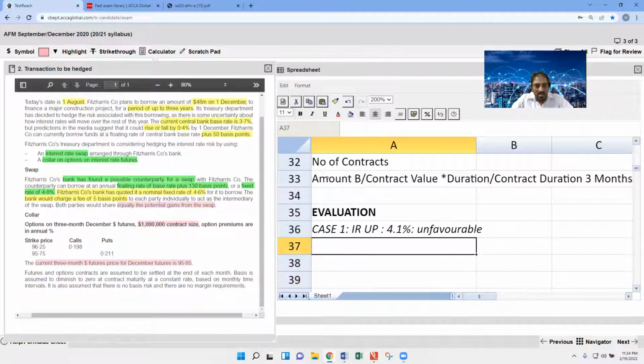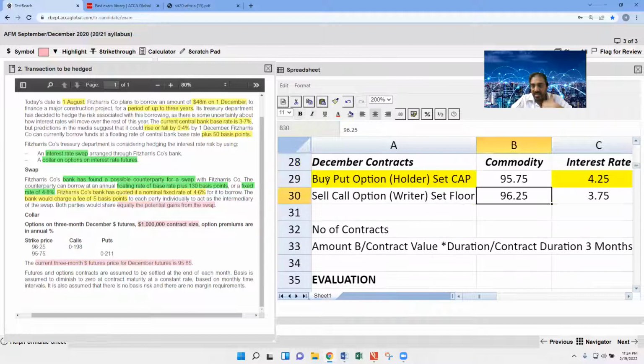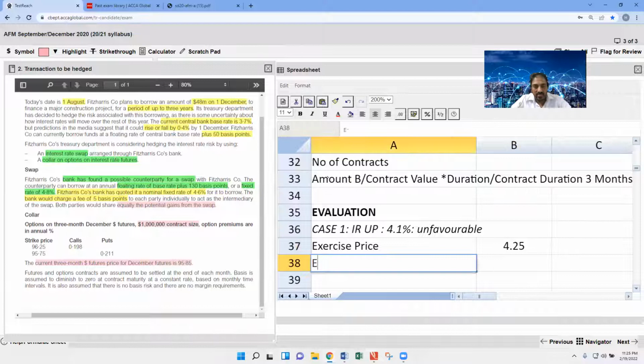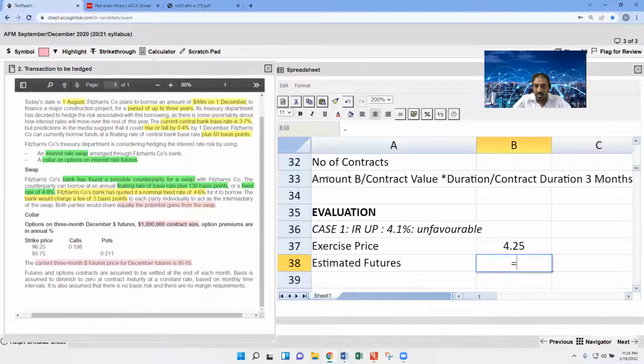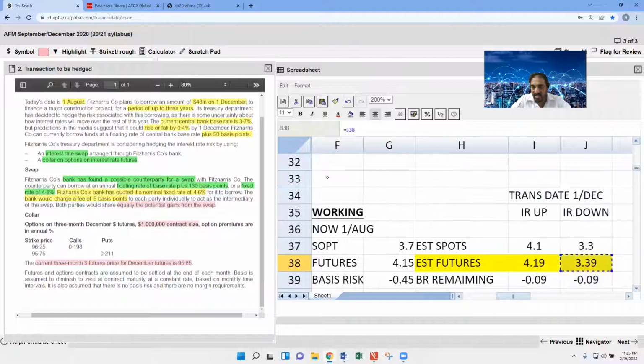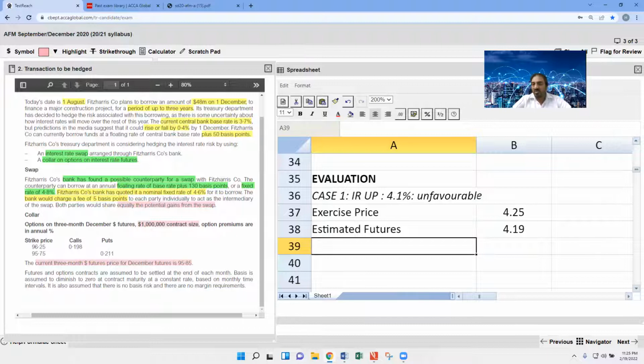Okay, now consider the exercise price. The exercise price is 4.25. Number two, estimated futures. So in the case of an interest rate increase, what is the estimated futures interest rate? 4.19.